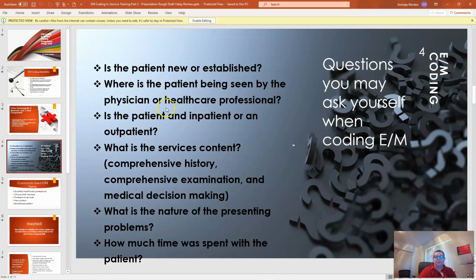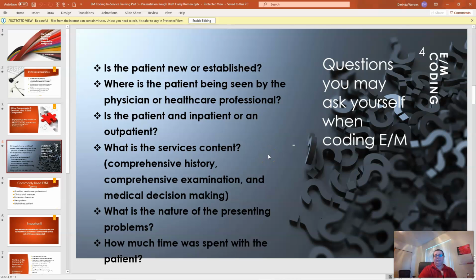It's good that you're describing the difference between new and established. You're kind of lumping everything in quickly here: comprehensive history, comprehensive exam, medical decision making. You need to identify what goes into making up a history. The history is the HPI, the chief complaint, the review of systems, and the past, social, and family history.